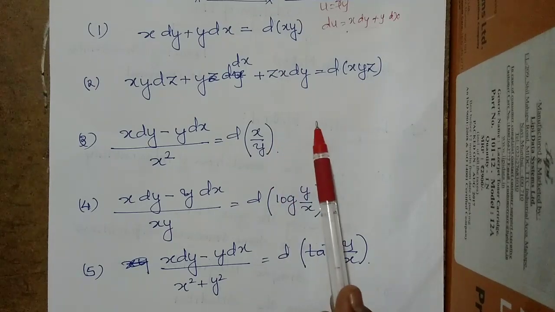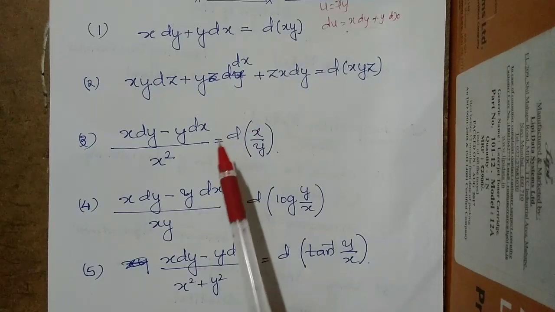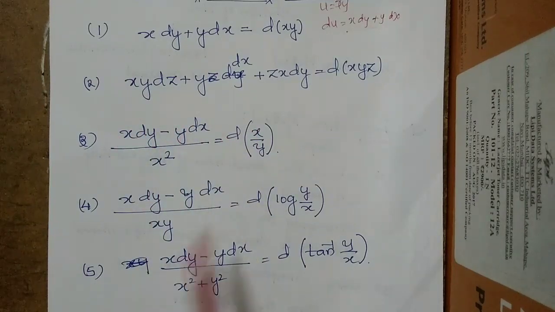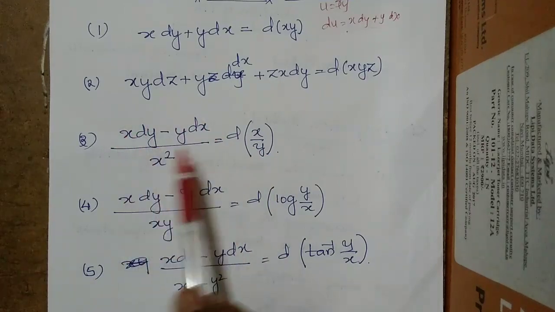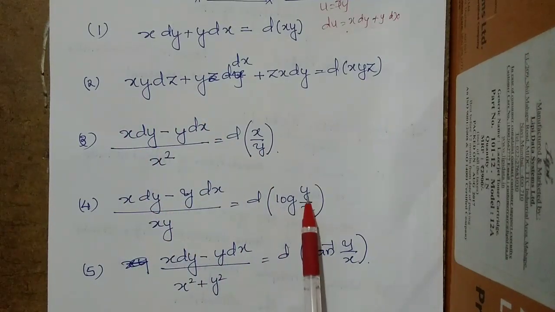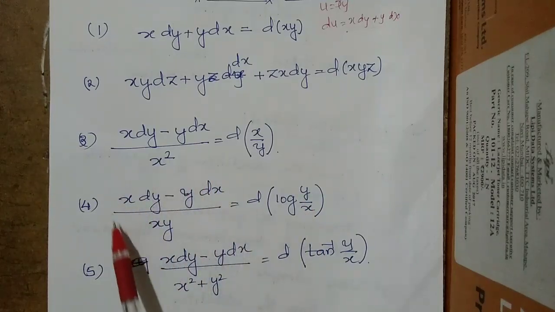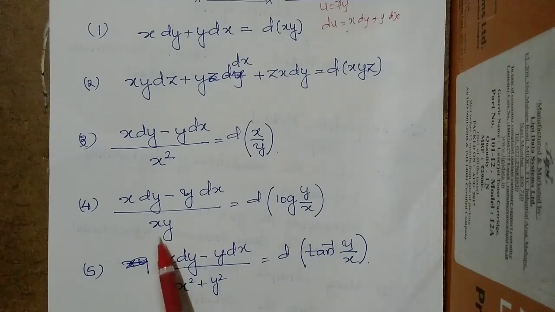Suppose we have u equal to y divided by x, then if we differentiate, we will get this answer. Similarly, the differential of the function log (y by x) can be written in this fashion: (x dy - y dx) divided by xy.